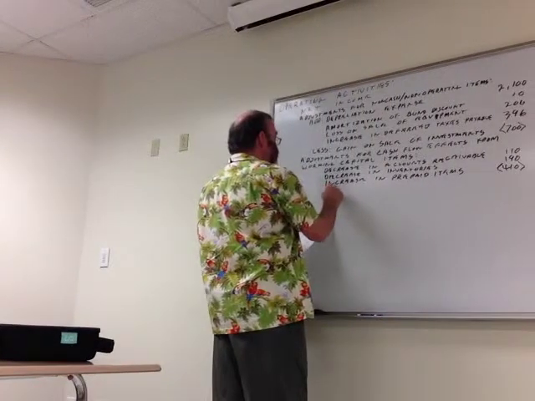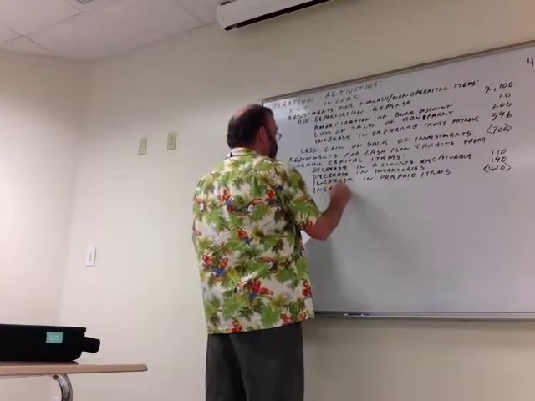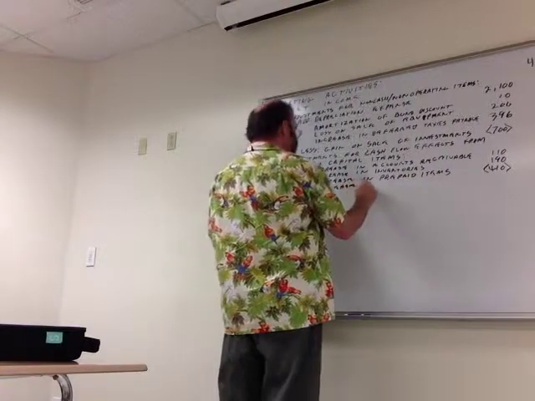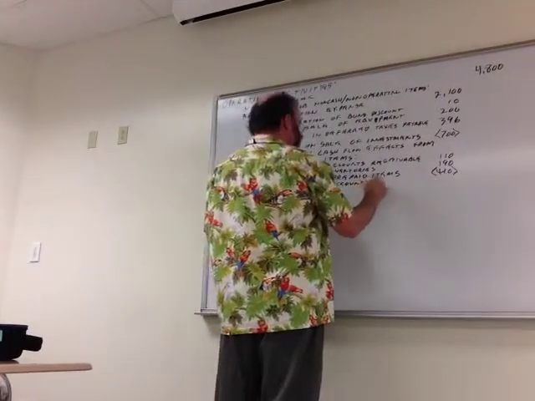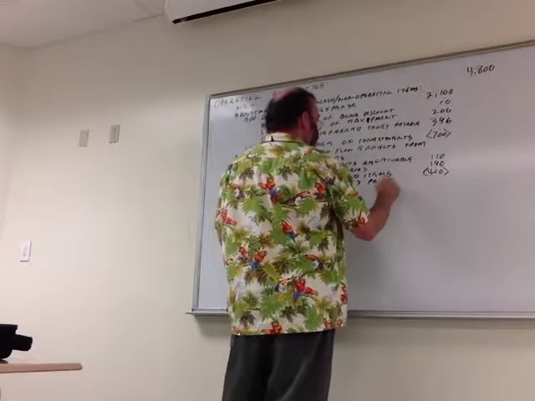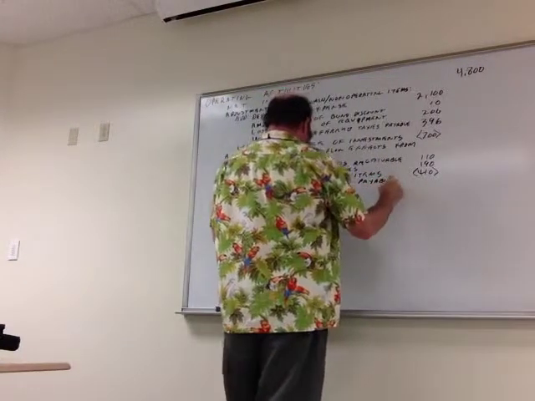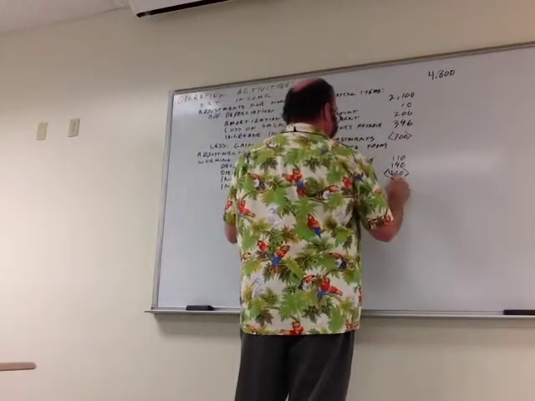Current liabilities, accounts payable, went up, an increase from $3,800 to $4,150. So an increase in accounts payable, $350.